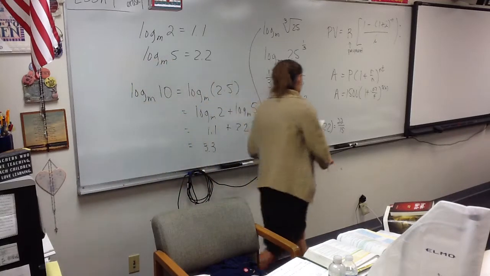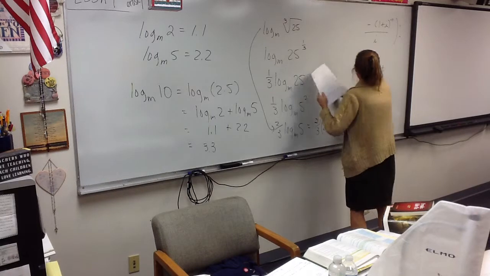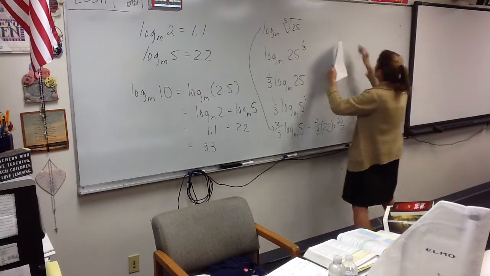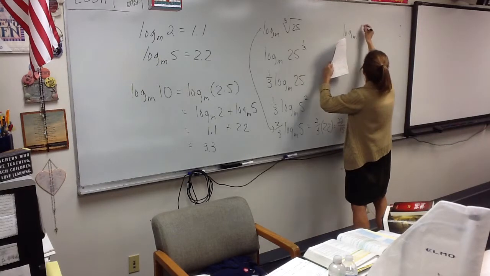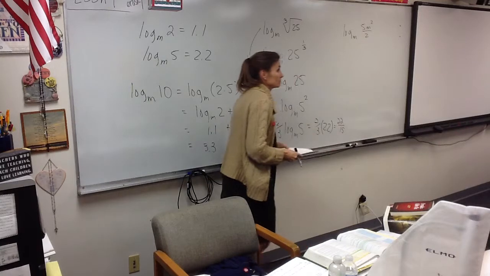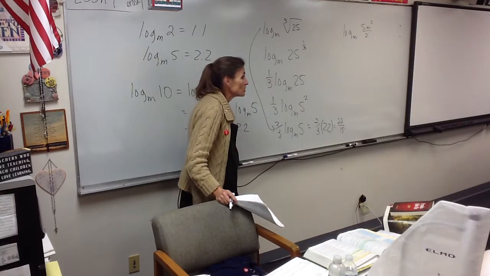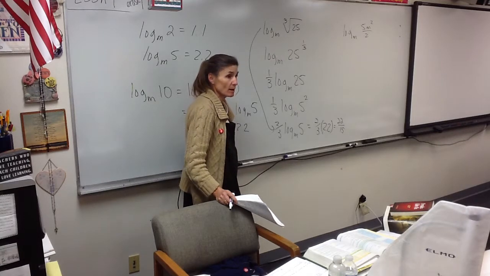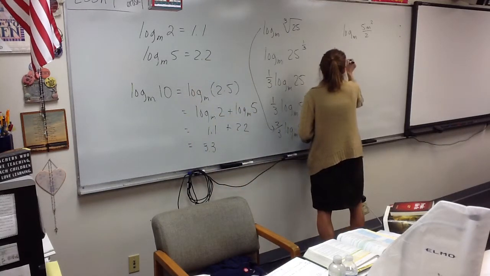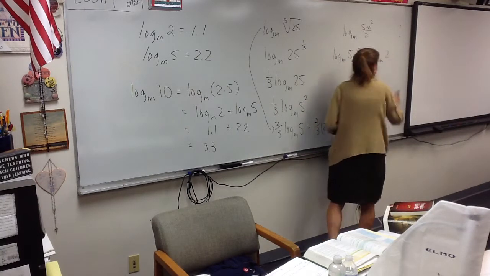All right, one more. Log base m of 5m squared over 2. Okay, what's your thought about this one? Separate it. Absolutely, it's a division problem. So how's it going to separate? Subtraction. So it's going to be the log of the top minus the log of the bottom.